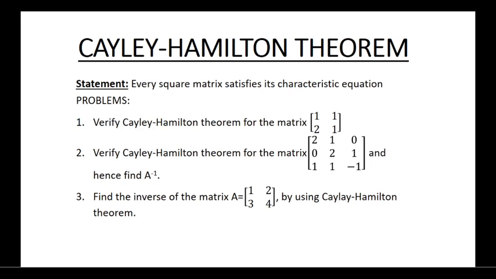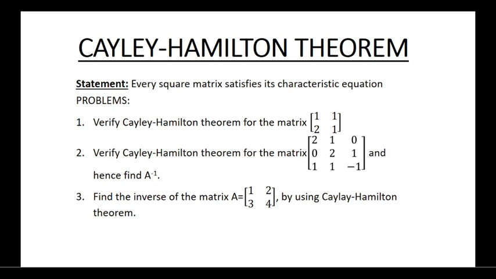So this A minus lambda I we can express by expanding it. We get minus 1 whole to the power of n into c_0 into lambda to the power of n plus c_1 into lambda to the power of n minus 1 plus so on plus c_n, where c_0, c_1 and so on c_n are scalars.